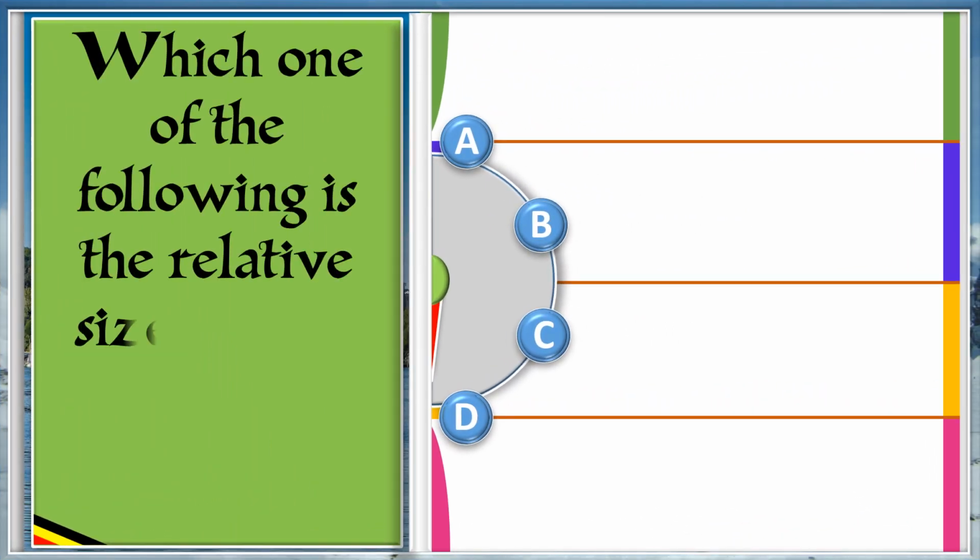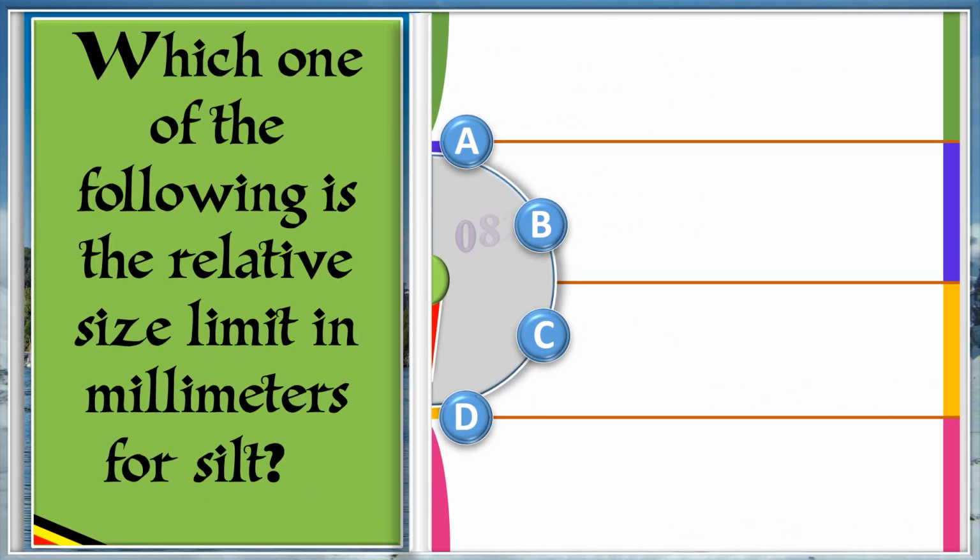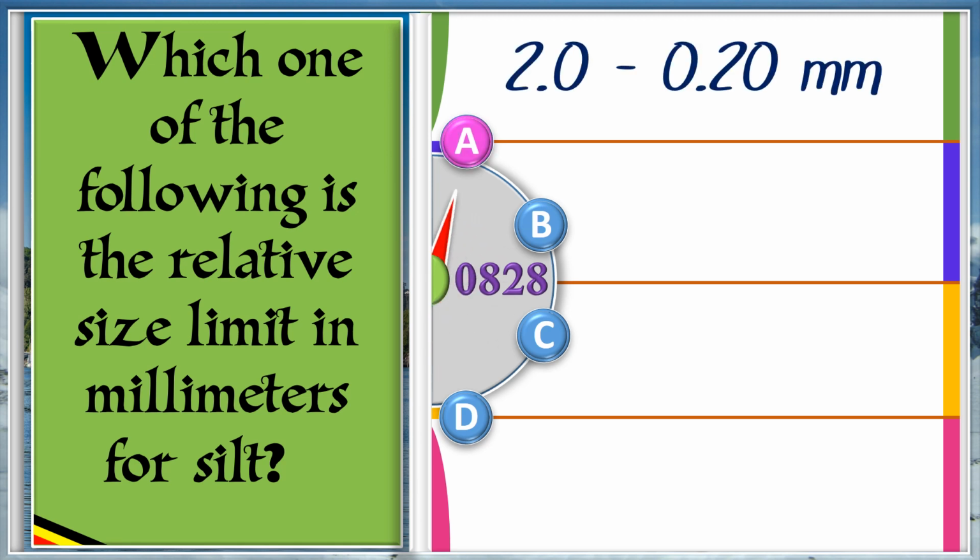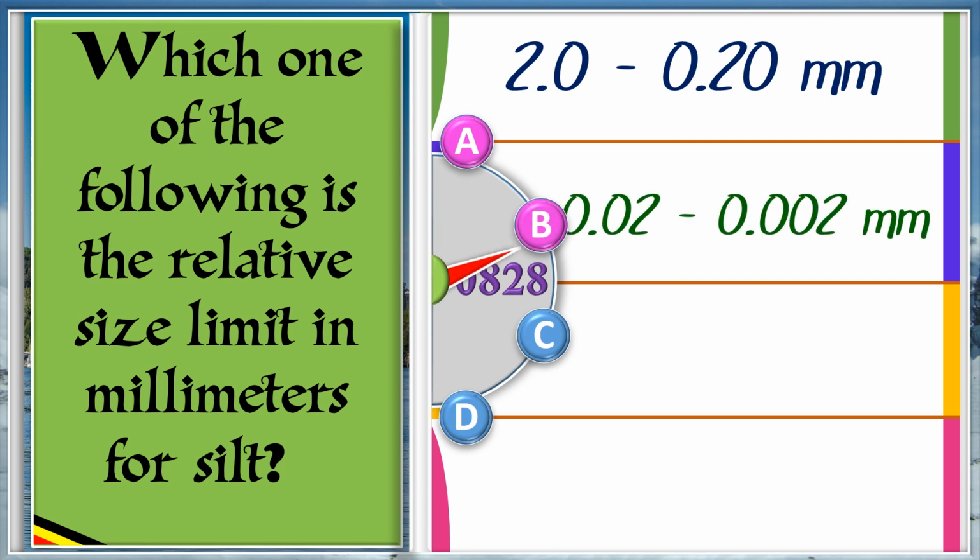Which one of the following is the relative size limit in millimeters for silt? A. 2.0 to 0.2 millimeter. B. 0.02 to 0.002 millimeters.